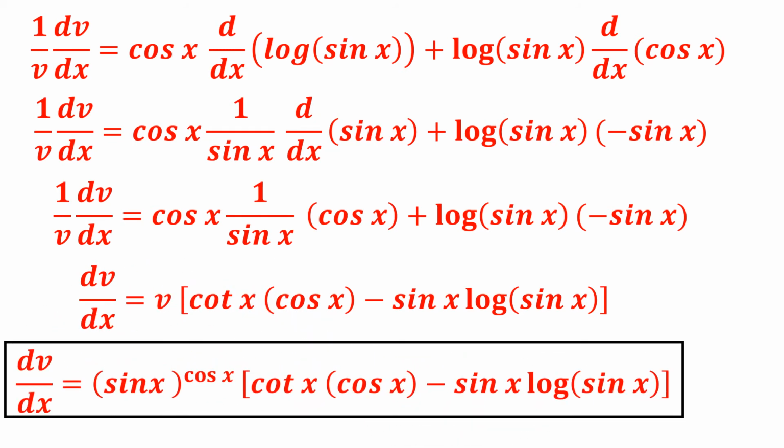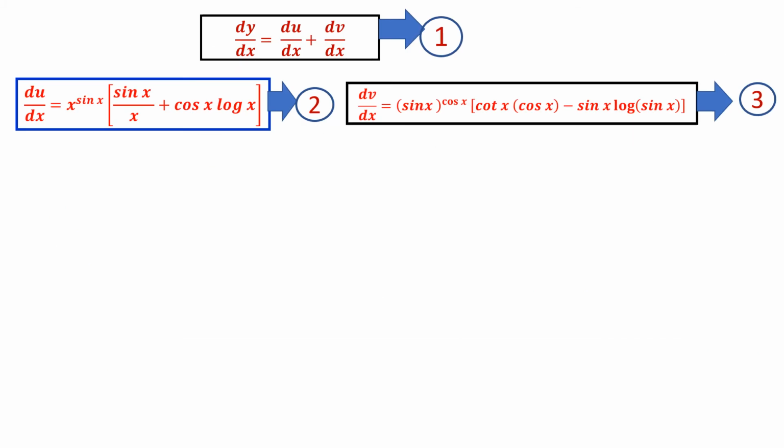We can now substitute for v. V is equal to sin x whole power cos x into cot x into cos x minus sin x into log sin x. This cos x into 1 by sin x into cos x, some books will write as cos square x by sin x also, that is also allowed. We call this equation number 3.